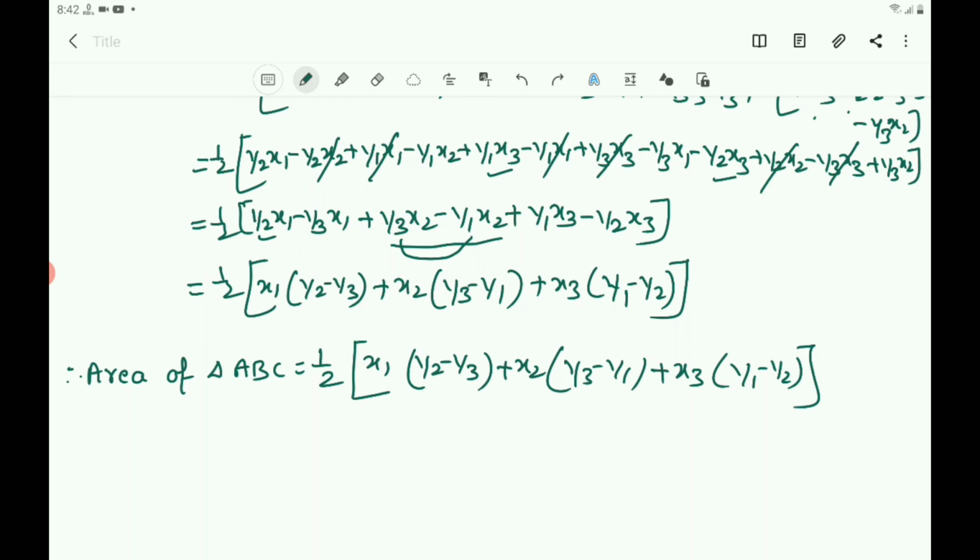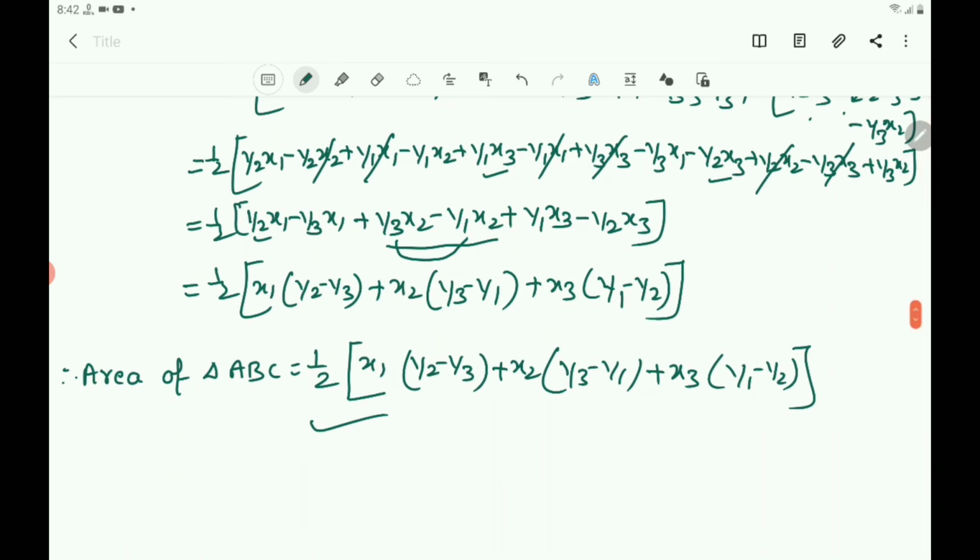Here x1 y1, x2 y2, x3 y3 are the coordinates of A, B, C respectively. So this is the formula to find the area of the triangle.